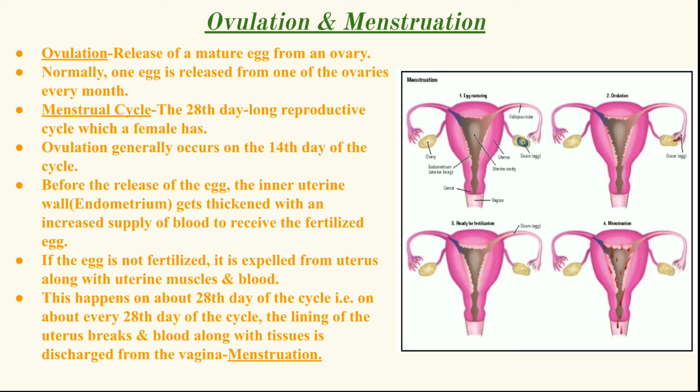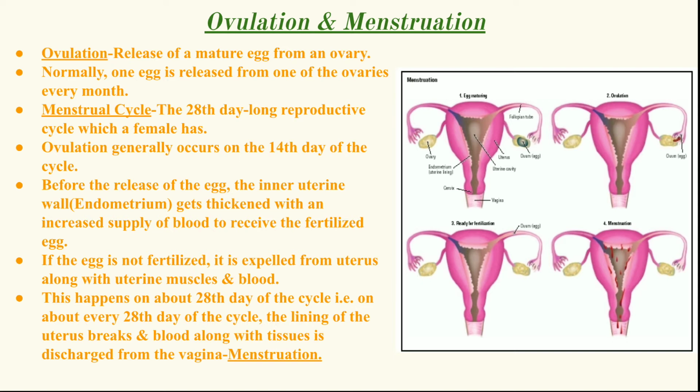And if the egg does not get fertilized, then it is expelled from the uterus along with the uterine lining and blood. This happens on about the 28th day of the cycle, when the lining of the uterus breaks and the blood along with the tissues gets discharged from the vagina as menstruation.